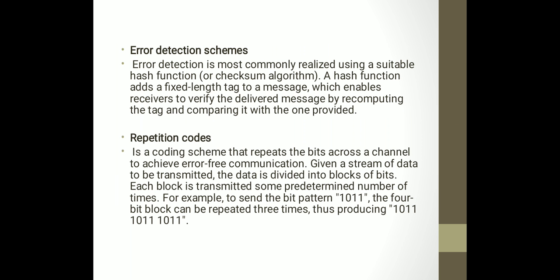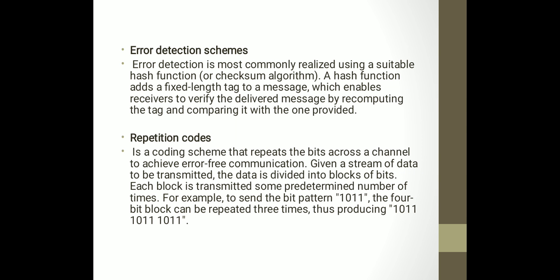In the case of a single bit error, we send the data 101 to the receiver, and the receiver receives the data 100. So we can identify that a single bit error occurred once it reaches the receiver.